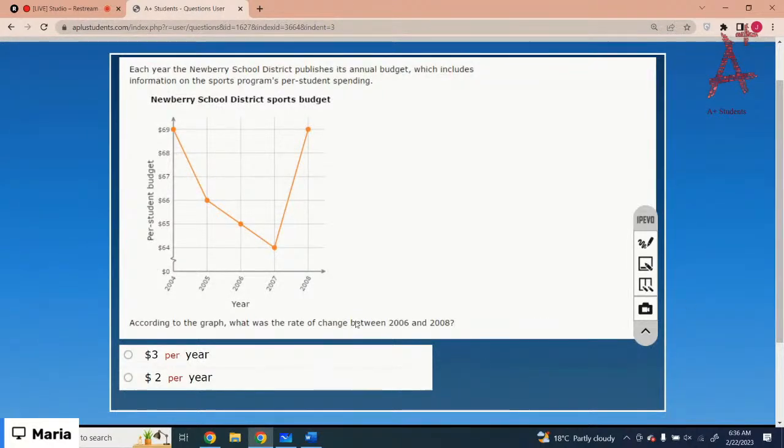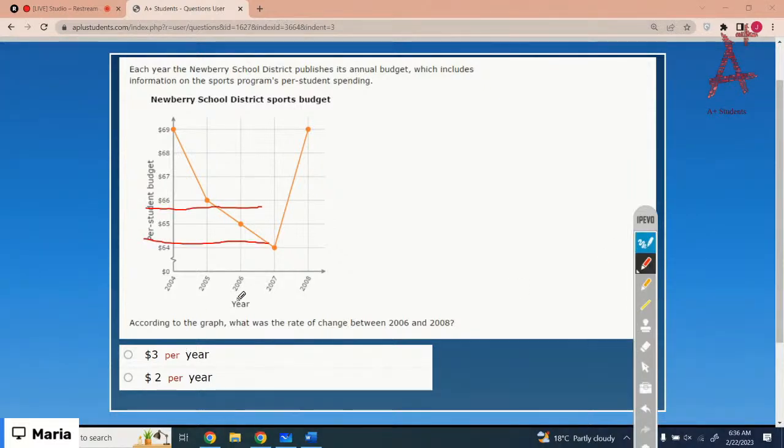According to the graph, what was the rate of change between 2006 and 2008? Okay, here you have 2006. So in 2006, it is $65. And in 2008, it is $69.